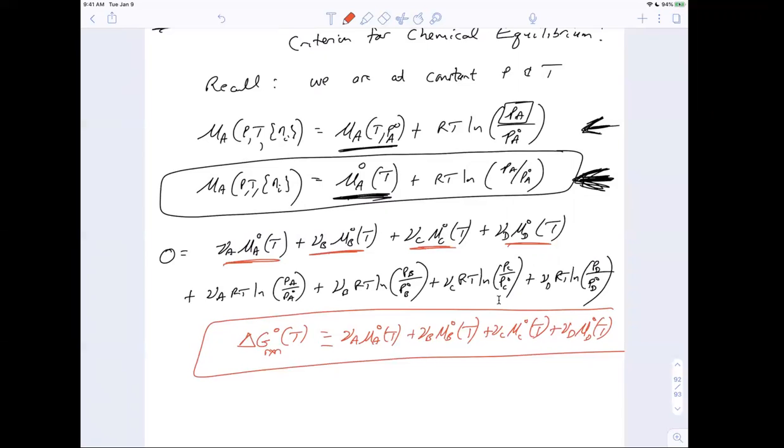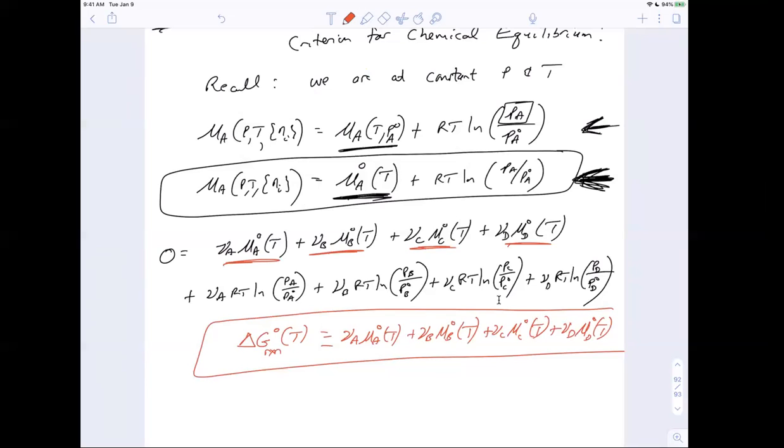So this is just that summation of the stoichiometric coefficient times that chemical potential. Okay. And what we see here then is that mu sub A is really, for a pure species, the partial molar Gibbs free energy.